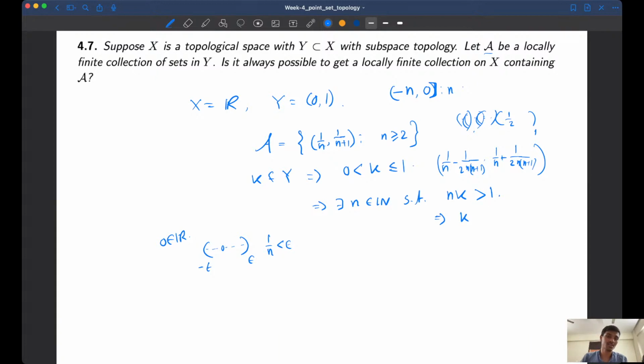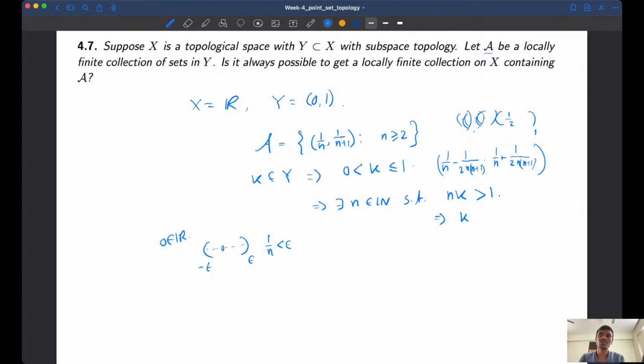You don't have to extend it also, because by locally finite, for each point there exists a neighborhood which intersects finitely many members of that set. Locally finite means finitely many.